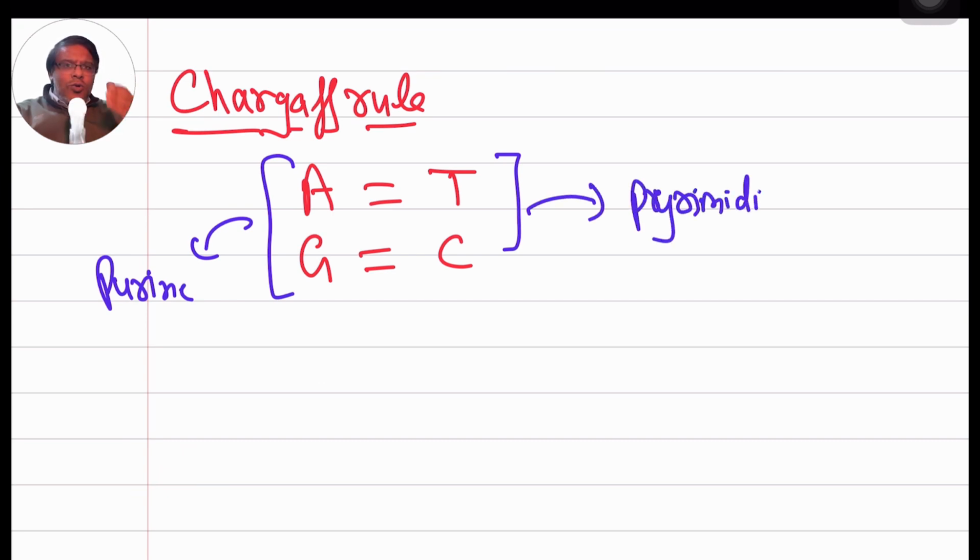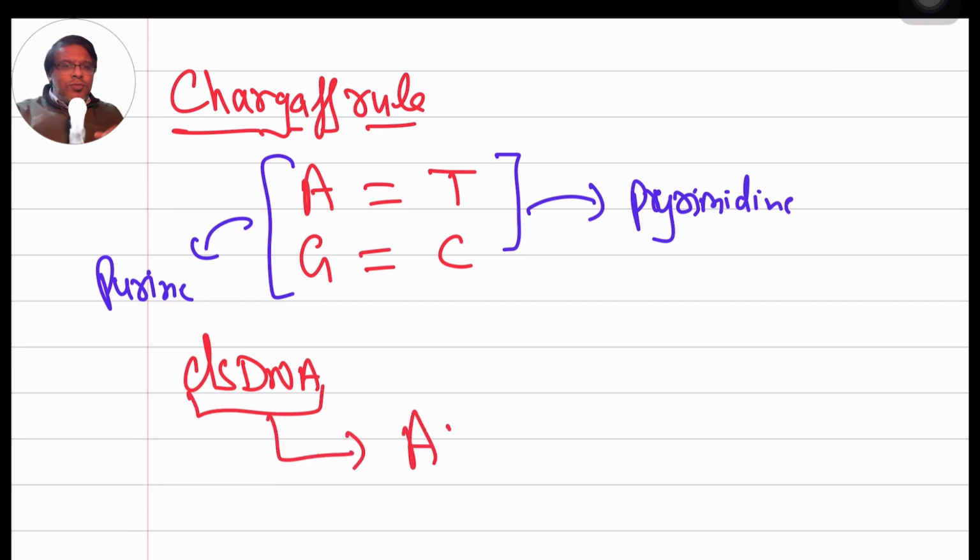Adenine and guanine are purines. Thymine and cytosine are pyrimidines. This does not represent the number of hydrogen bonds: between adenine and thymine you have 2 hydrogen bonds, and between guanine and cytosine you have 3 hydrogen bonds.